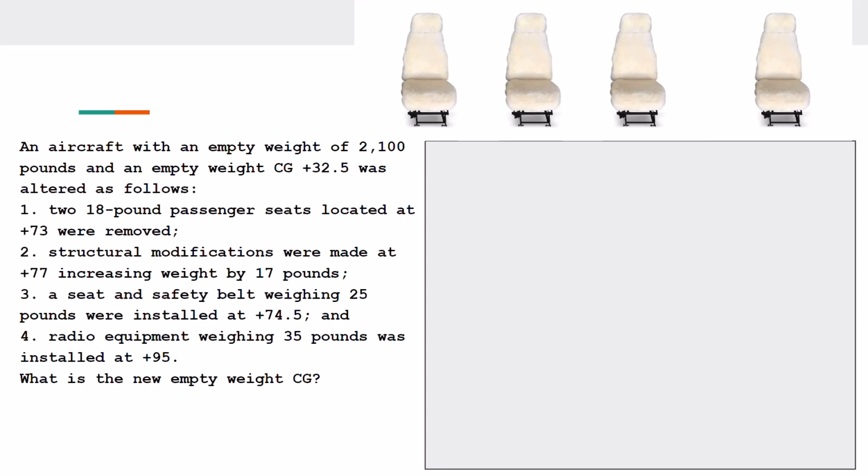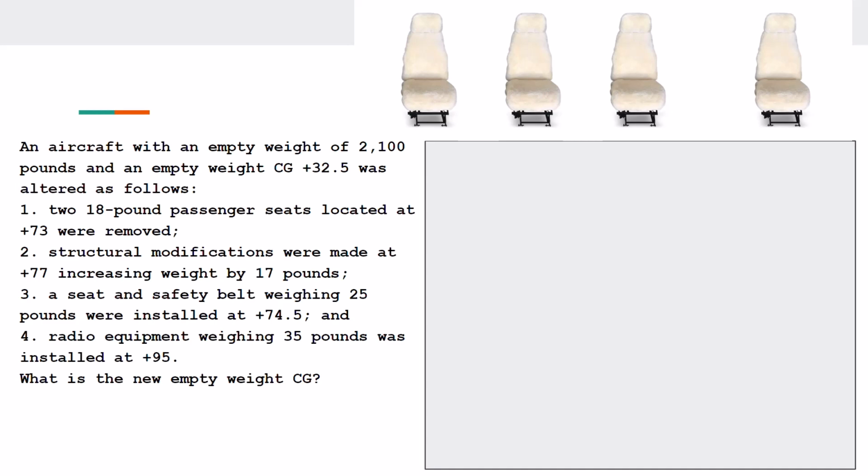Structural modifications were made at Station 77, increasing the weight by 17 pounds. A seat and safety belt weighing 25 pounds were installed at Station 74.5, and radio equipment weighing 35 pounds was installed at Station 95. What is the new empty weight center of gravity?